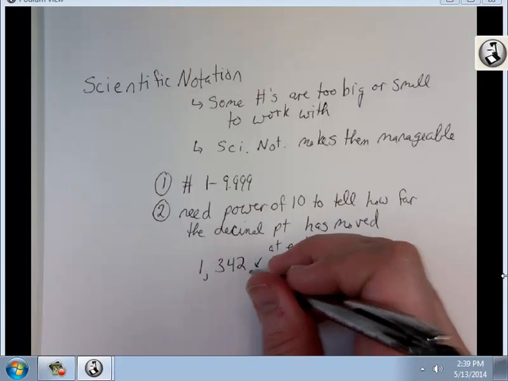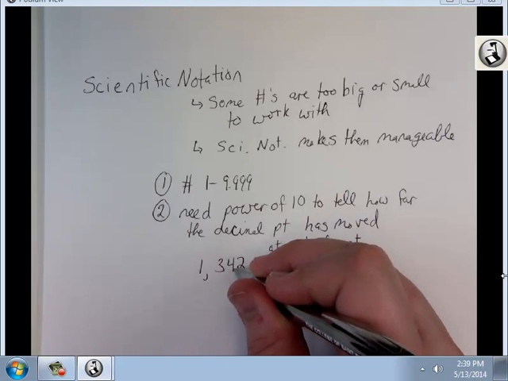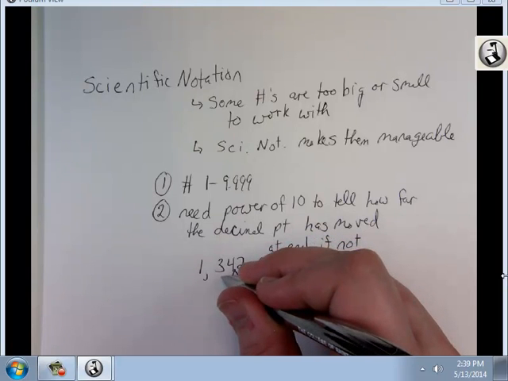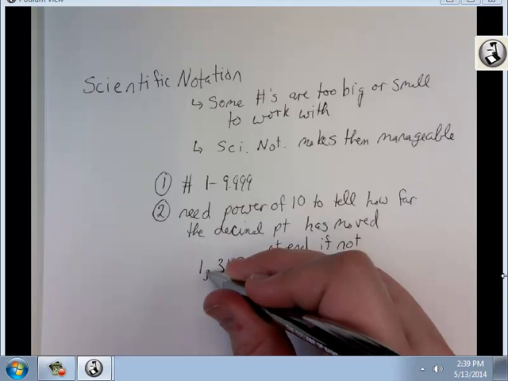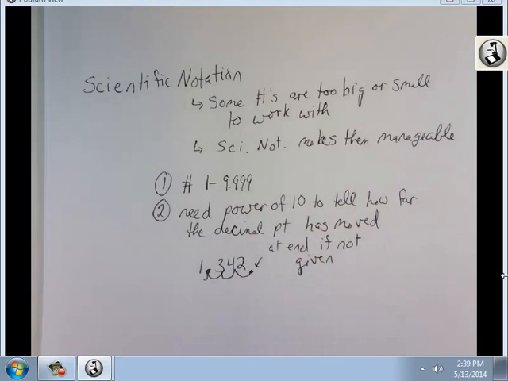If I move it once, I have 134.2. That's not between 1 and 9. If I move it again, I have 13.42. Still not where I need it to be. Now if I move it a third time, there we go, 1.342. That's between 1 and 9.999.